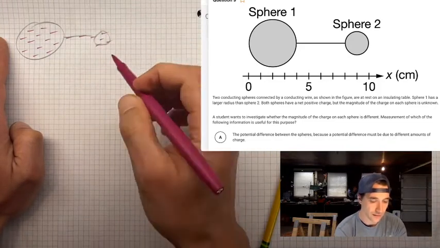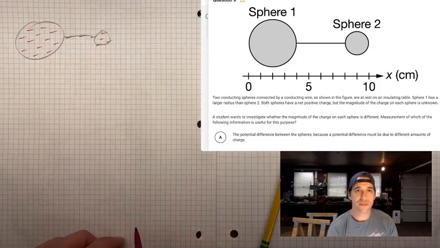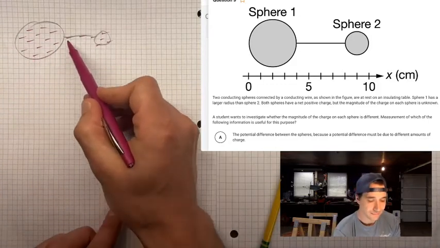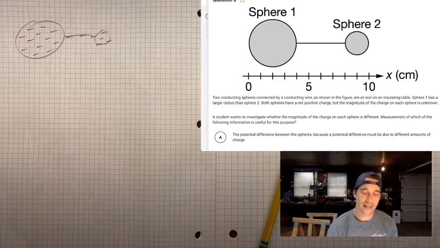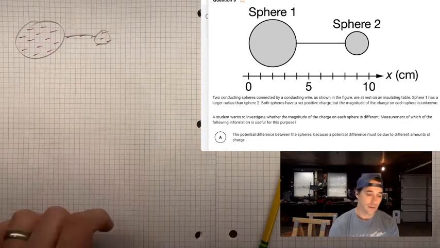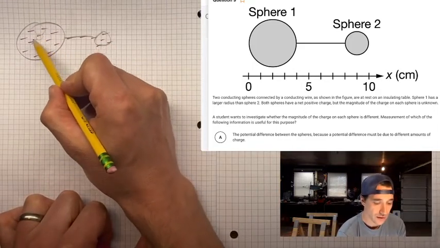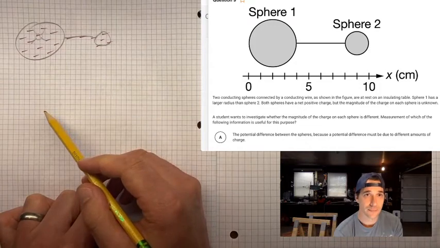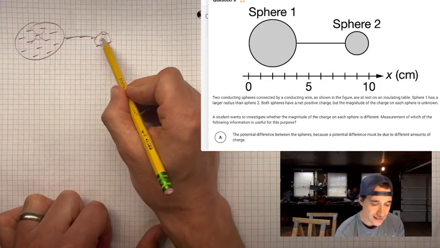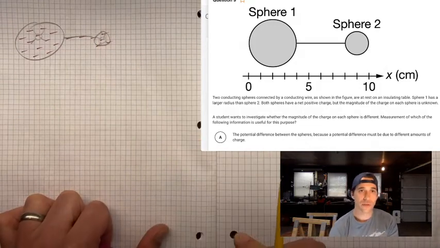Maybe there's even one here. So as I put my negatives in, you can see that for the most part, all those negatives have the same space around them. They're pushing equally on each other. Like this one feels a force because of those electrons around it. And this one feels that same amount of force.